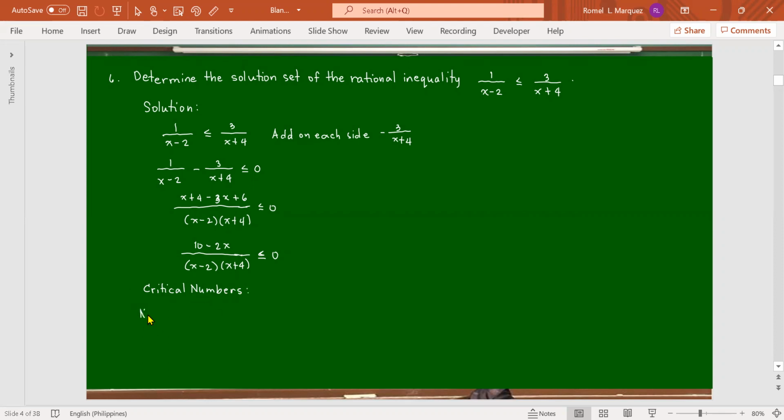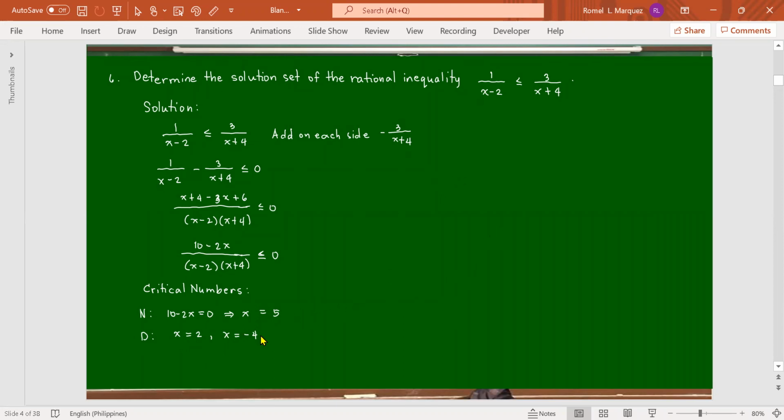For the numerator, we have 10 minus 2x equals 0, getting x equal to 5. And then for the denominator, we have x equal to 2 and x equal to negative 4.